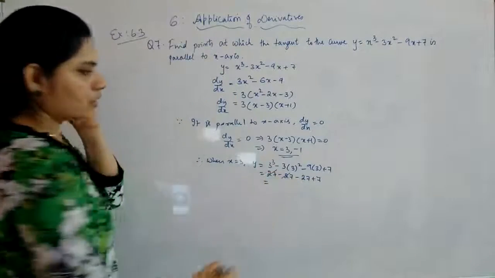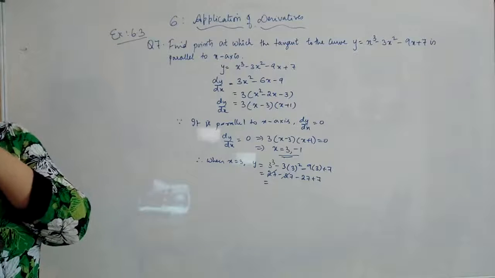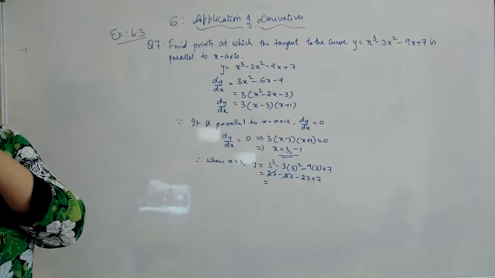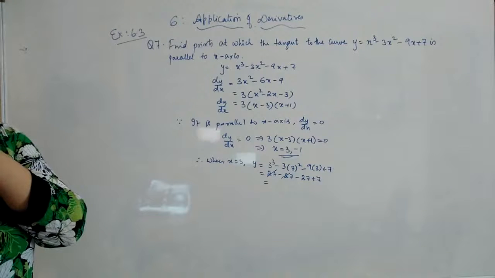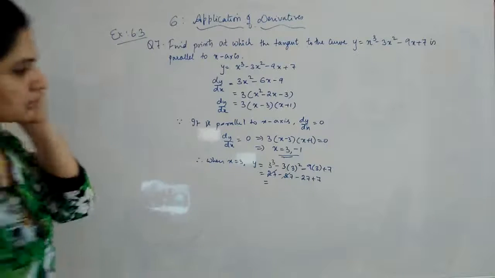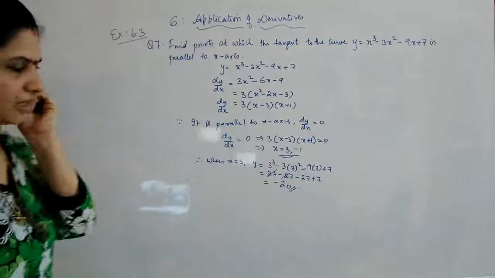So one thing gone, and you get minus 27 plus 7. How much do you get? Minus 20, correct.